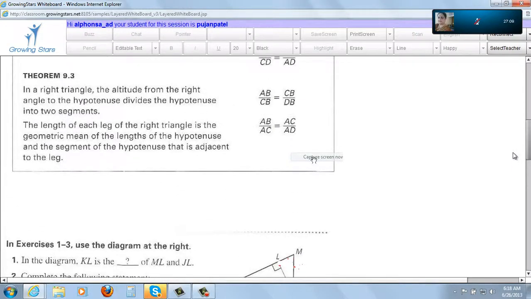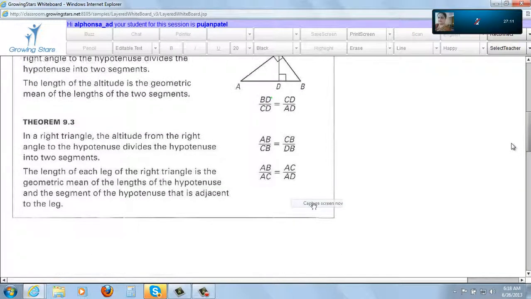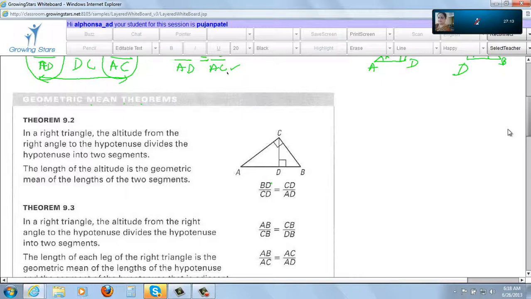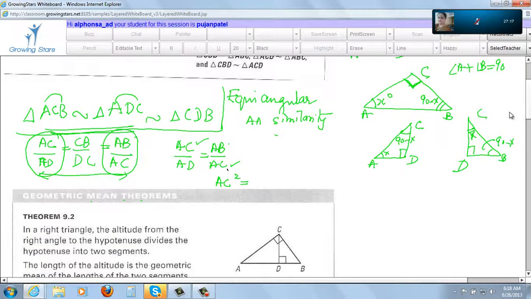Because I get an AC there and an AC here. So when I take the cross product, I get AC squared equals AD times AB. You follow that?